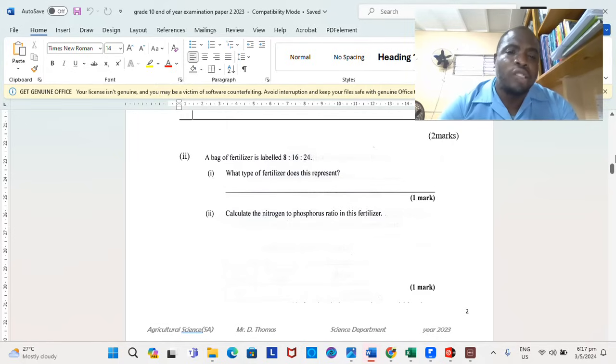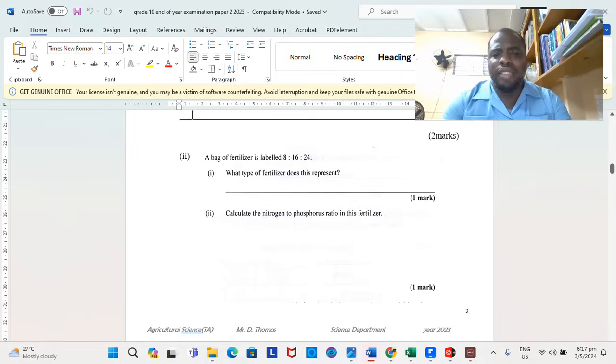So what type of fertilizer is this? Now, you describe inorganic fertilizers in terms of the amount of primary nutrients that they supply. And once you see a fertilizer having some amount of nitrogen, some amount of phosphorus, some amount of potassium, it simply means we consider this fertilizer to be a complete fertilizer.